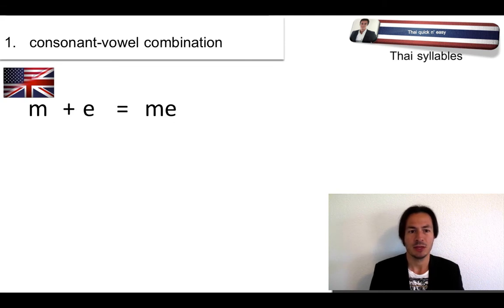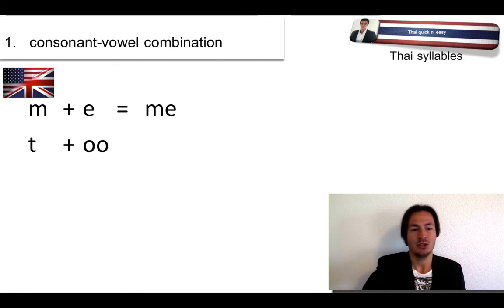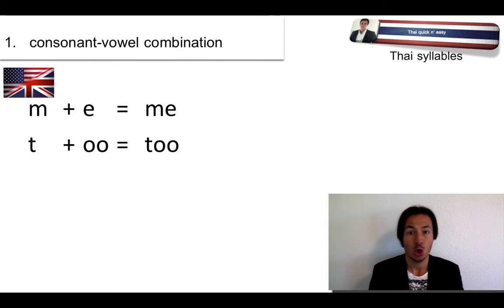You can also do this with all the other syllables, of course, and other words. Let's take a second example. We take the T in English and we add the vowel double O, which combine to the syllable to, or you could also just take one O and then it would be the word to.